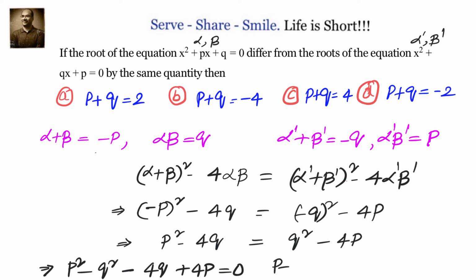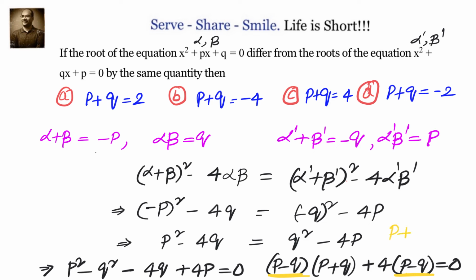Can we write it as p minus q into p plus q plus 4 into p minus q equals to 0. Now we can clearly see that we can take p minus q common. Then left out is p plus q plus 4 into p minus q equals to 0.